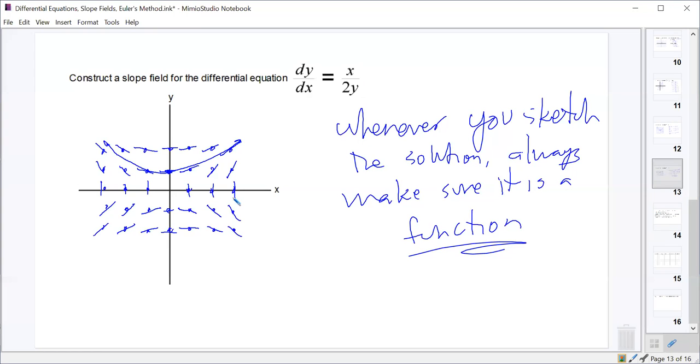So if I asked you to sketch the one that went through this point right here, you go up and get steeper, but you would not curve down here because that would make it not a function. You'd go until it's going to start curving back, so maybe right around the x-axis there, something like that. So you always make sure that it ends up being a function when you sketch the solution curve.